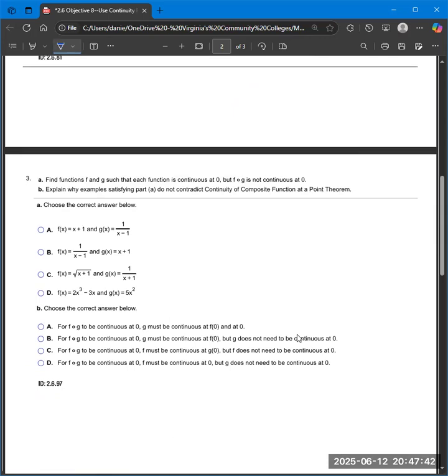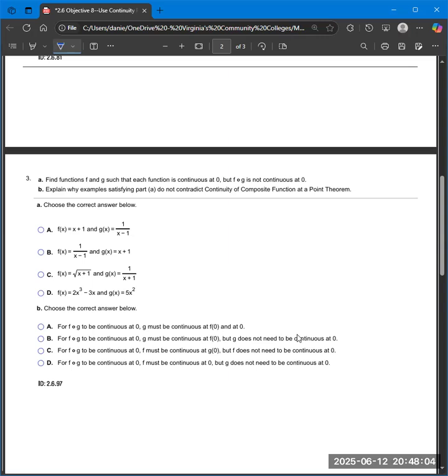So g would have to be put into the denominator of f. So f would have to be a rational function, and we would have to, when we made that substitution, get just x left in the denominator of the composition.